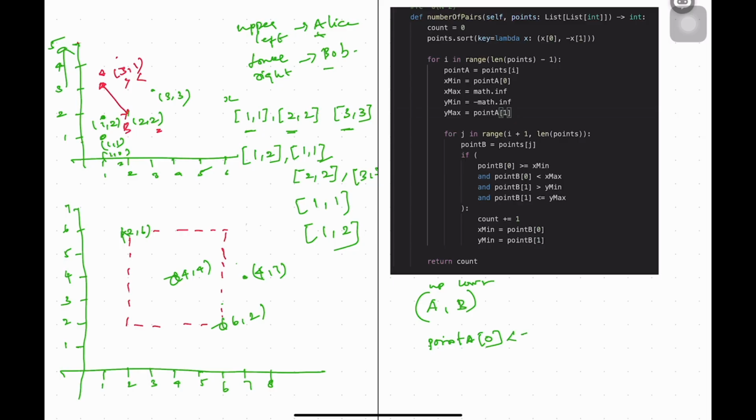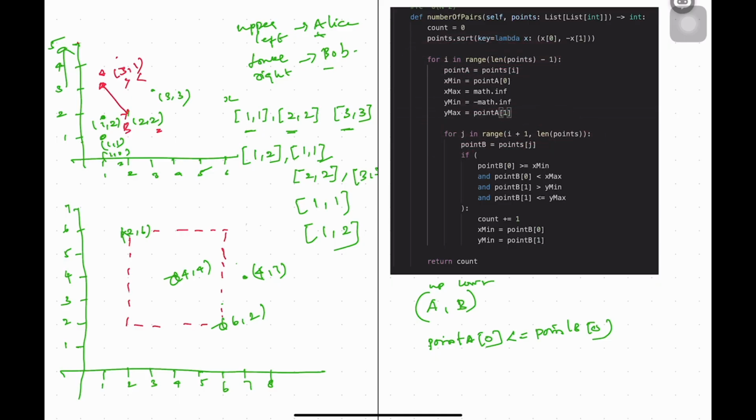Point A of 0 should be less than or equal to point B of 0. So in the sorted array, x should always be in ascending order and y in descending order. That's the only reason we are sorting accordingly, so that we can traverse through the points I and I plus 1.